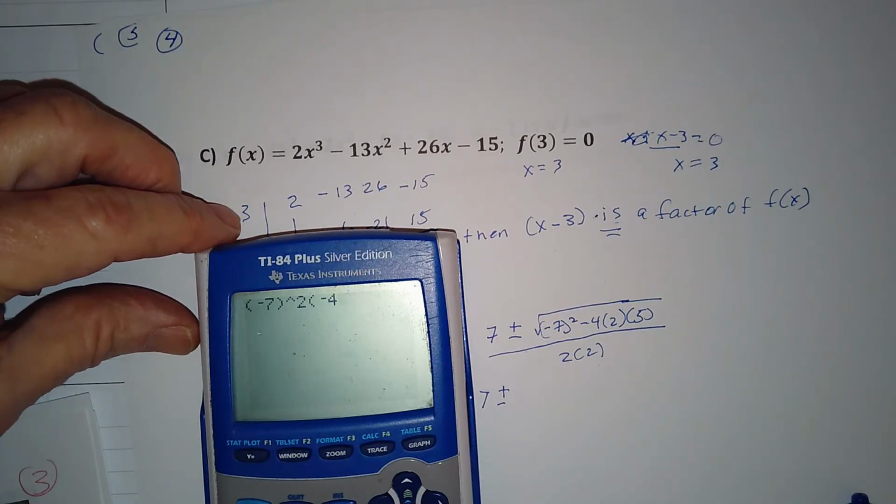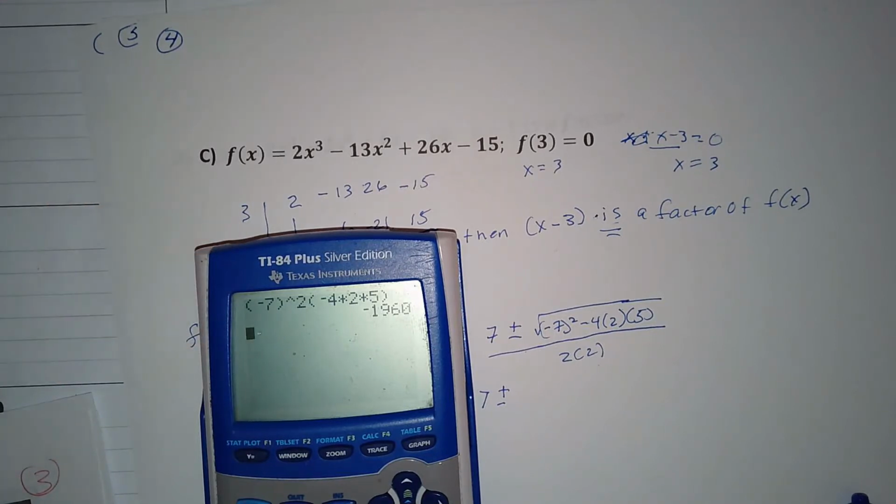Okay. Let's try times 2 times 5. Close the parentheses there and see if that works. Okay. So that is not right either.